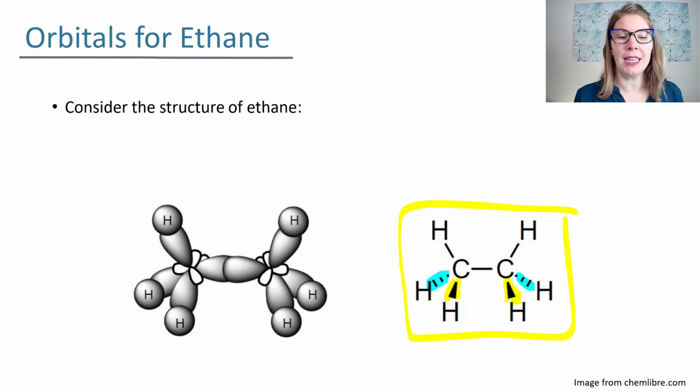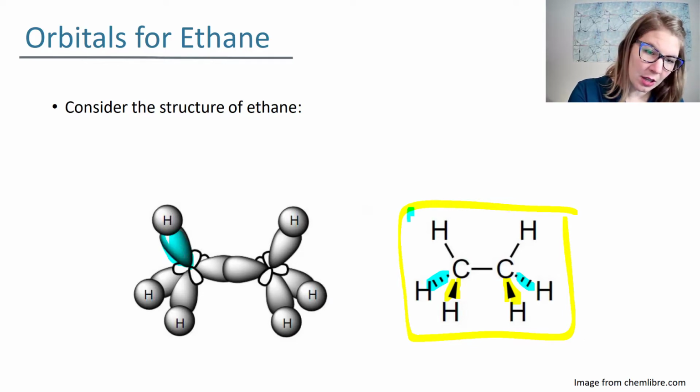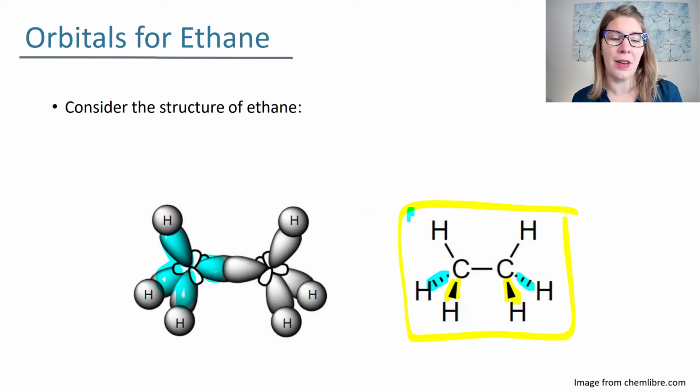So on the left-hand side of this page, I have the sp3 hybrid orbitals for ethane. Here is an sp3, an sp3, an sp3, an sp3 for one of the carbons of ethane. Remember, those white lobes are just the little other side of the sp3 hybrid orbital, and most textbooks will leave them out.